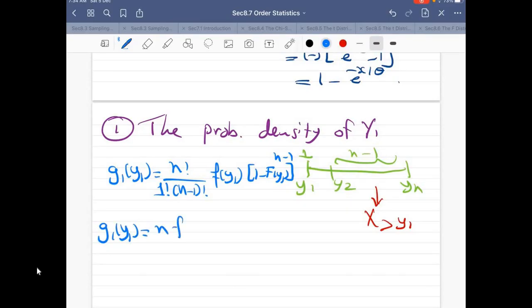This will simplify: g1 of y1 will equal n into f of y1 into 1 minus F capital at y1 power n minus 1.